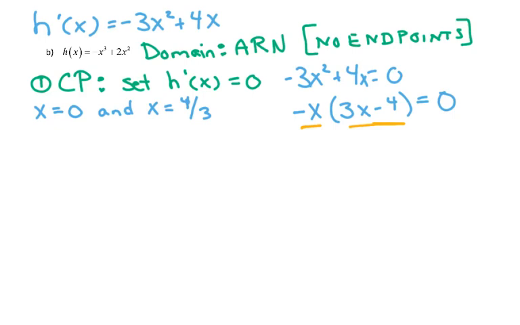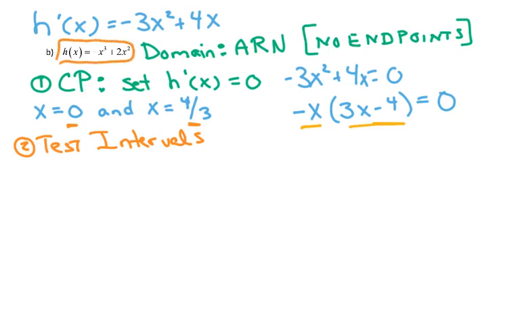Okay, so now we need test intervals. We want to find where it is increasing and decreasing, and do we actually have a max or a min at these critical points? This function is a cubic, and it's possible it doesn't have a max or a min. So how do we set up the test intervals? Draw a number line. We have to check at 0 and at 4/3.